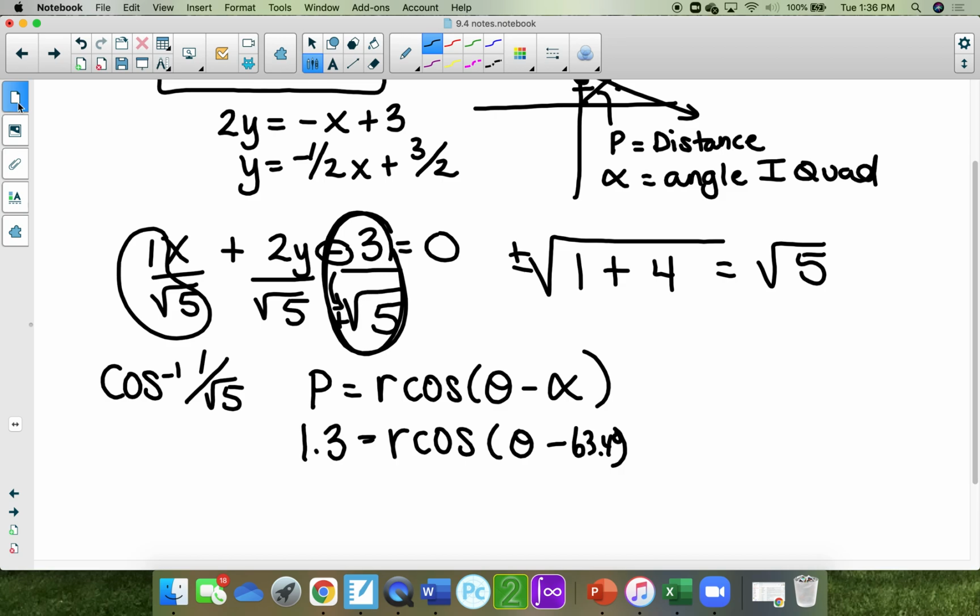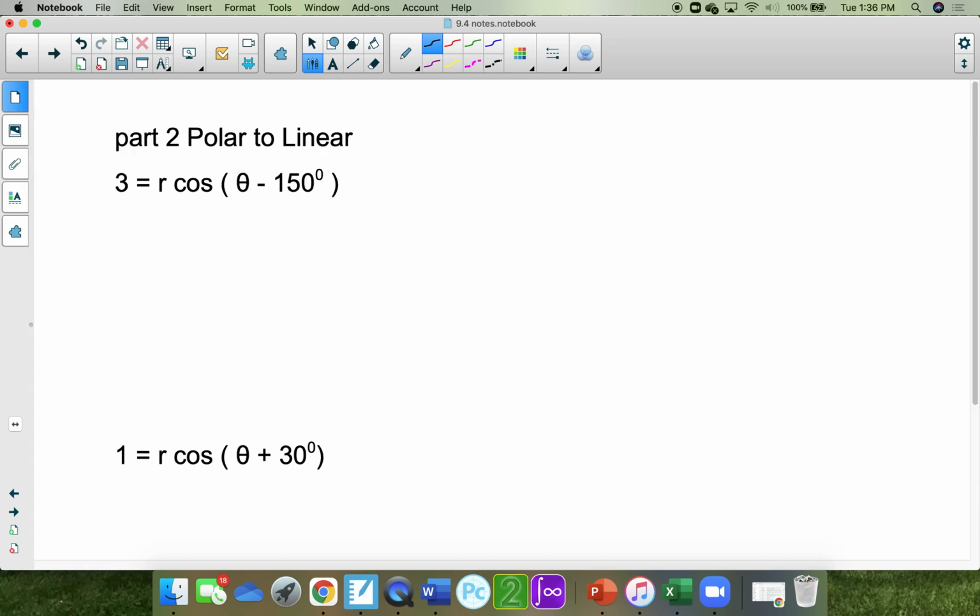Now we're going to go in the opposite direction. They put it in this form, and you have to put it back into a linear form. Okay, so you are going to put 3 equals, and you are going to take the r and leave it out front. This is just the cosine of theta minus 150 degrees.